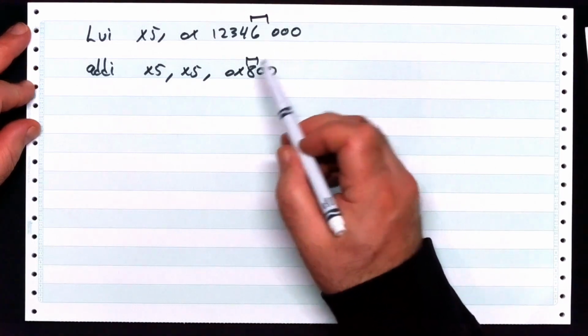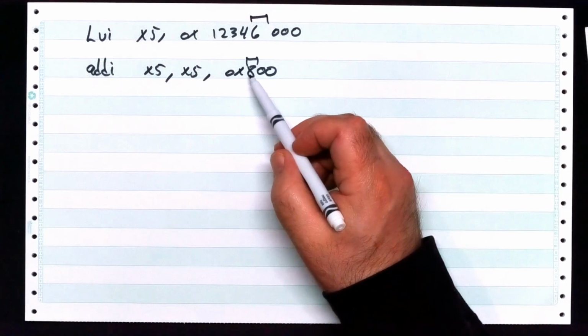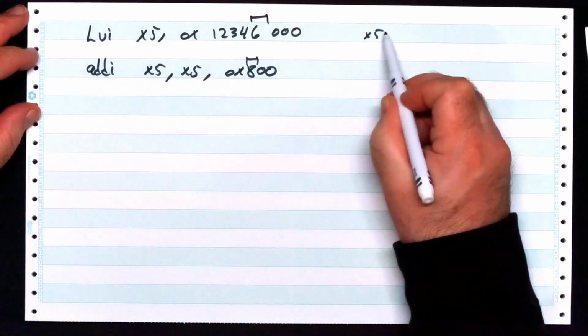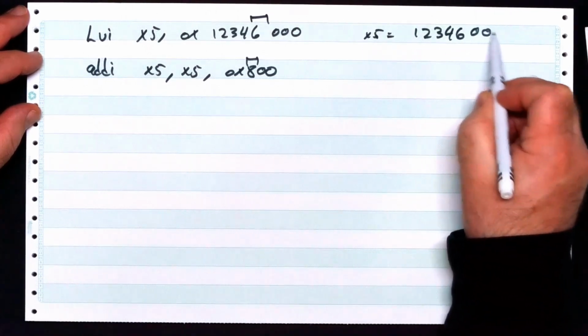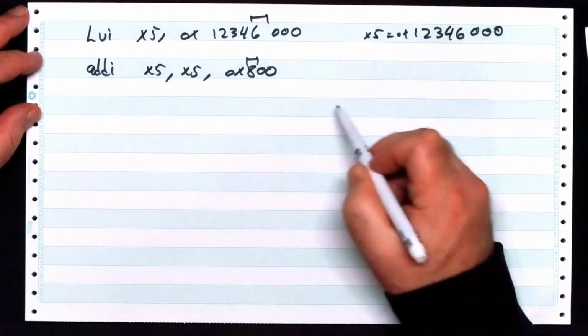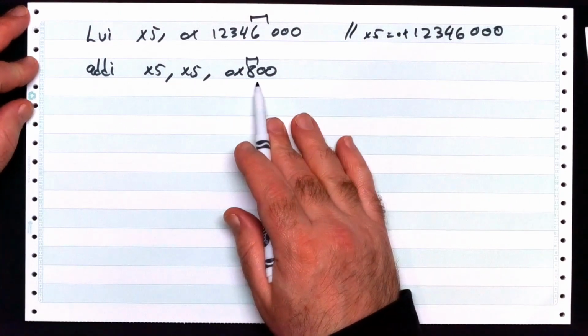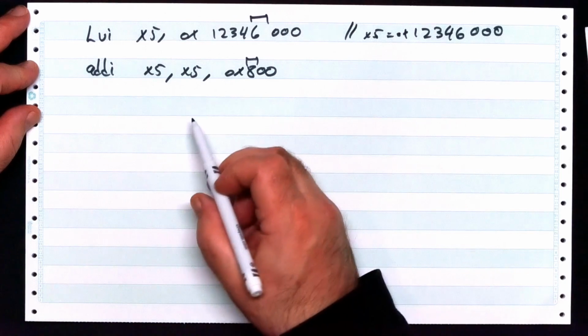Any value in here that's 8, 9, A, B, C, D, E, or F will have the most significant bit set, all right? So what do we end up with here? We say X5 will be set to 1, 2, 3, 4, 6, 0, 0, 0 in hex, right? And comment there. And we're going to add this sign extended version of hex 800 to this in the add instruction.